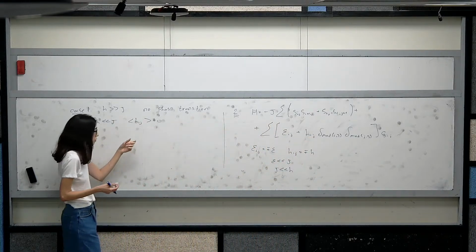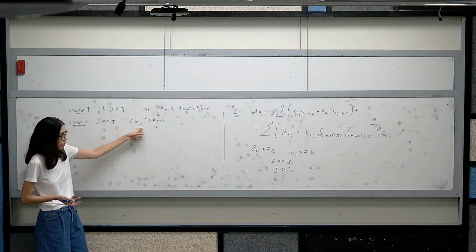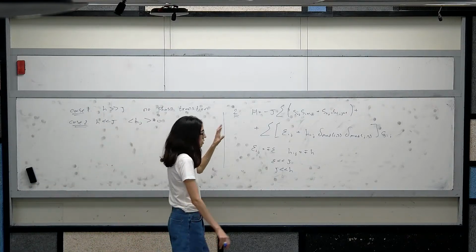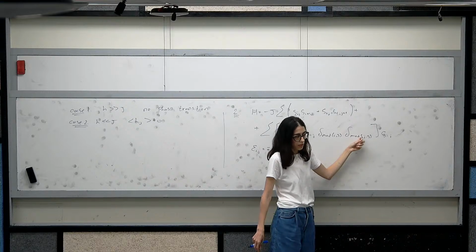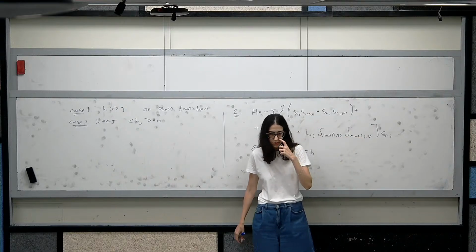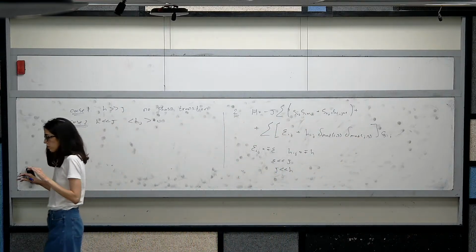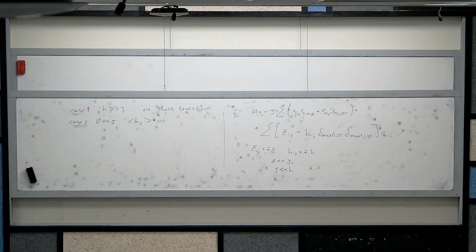So the average magnetic field is going to be 0. Therefore, it doesn't matter in any case what we have here. Let's just remember that.